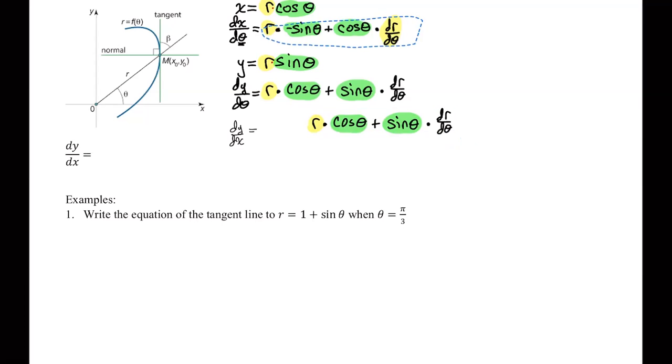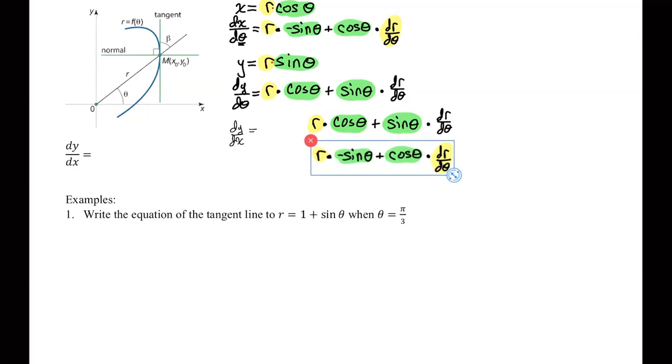I'll show you why in a second. All right, so dy dx is going to be equal to dy d theta divided by dx d theta, which in turn is equal to that whole expression.